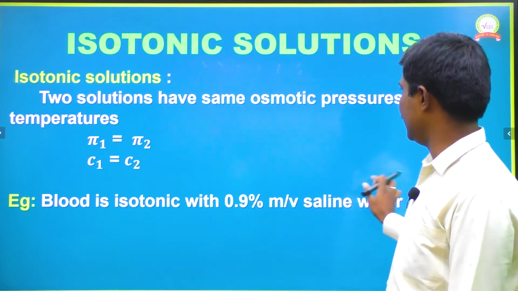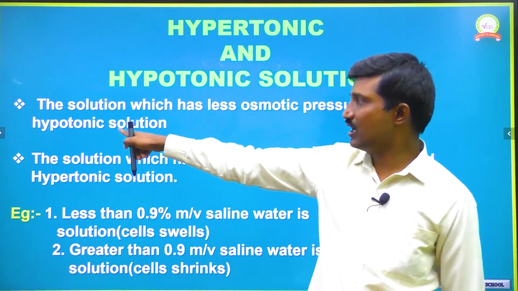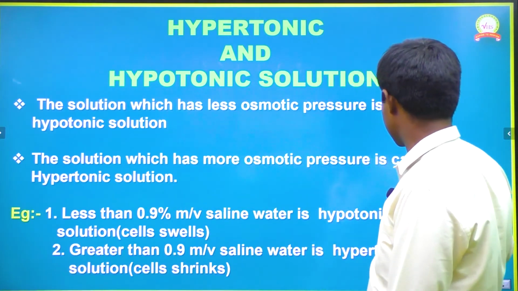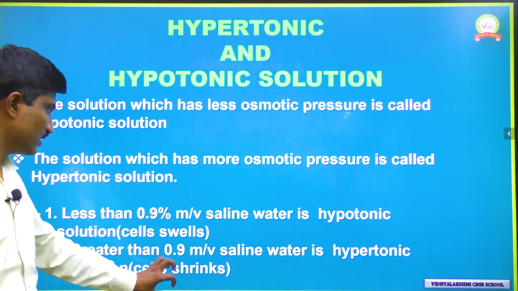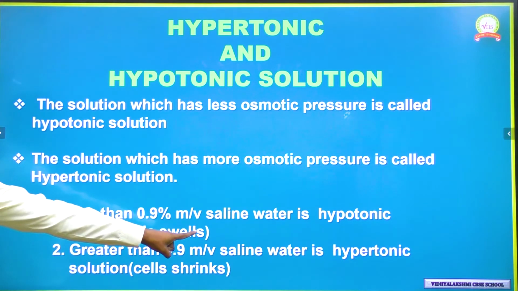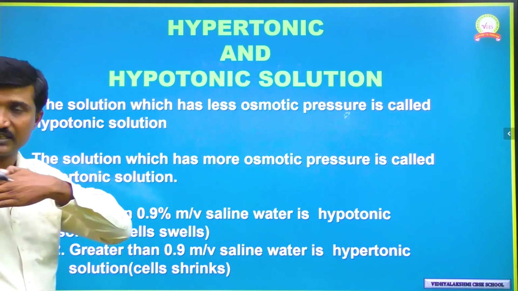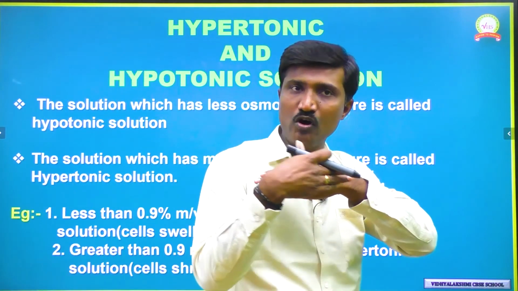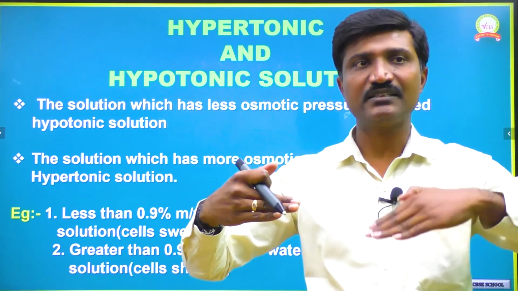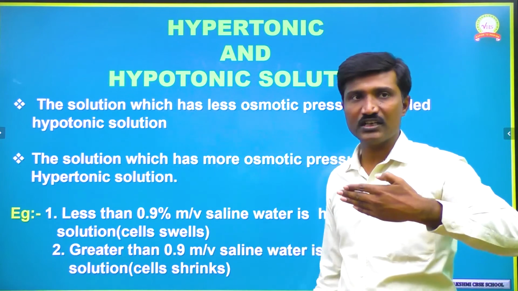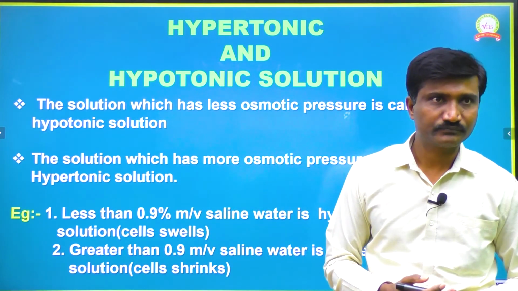Okay, so let us see here again those definitions. The solution which has less osmotic pressure is called hypotonic, and the solution which has more osmotic pressure is called hypertonic solution. So examples are also given here. Less than 0.9% m by v saline water is a hypotonic solution. If we inject that saline water into our body, since our blood osmotic pressure is more and this solution's osmotic pressure is less, then blood cells swell.